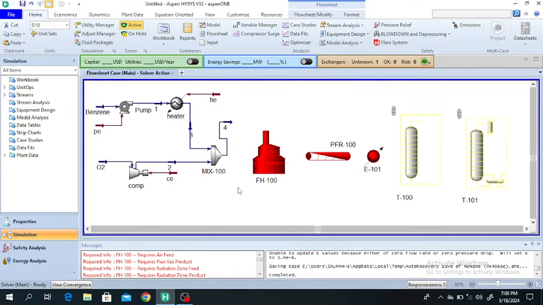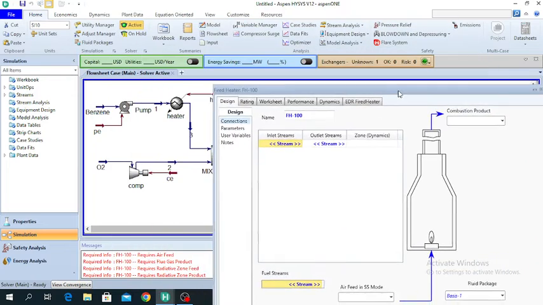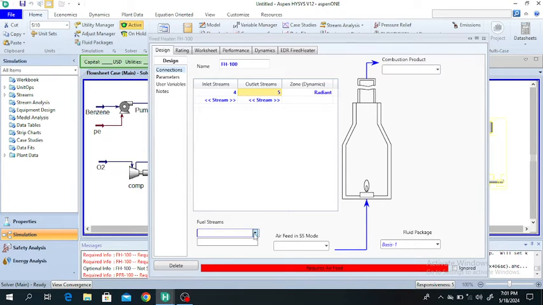Now this stream number 4 will be heated in a fired heater. So double click on this fired heater. Here you can see the fuel stream and air stream. The fuel will burn inside the fired heater to increase the temperature of the inlet stream. The inlet is what is coming from the mixer outlet: stream number 4 is entering the fired heater, and stream number 5 is coming out of the fired heater. For the fuel, I'm using natural gas.